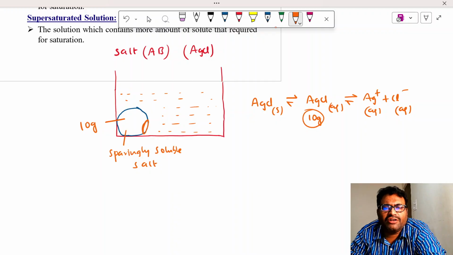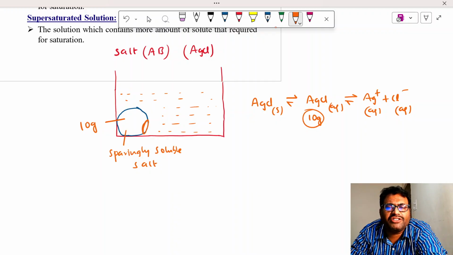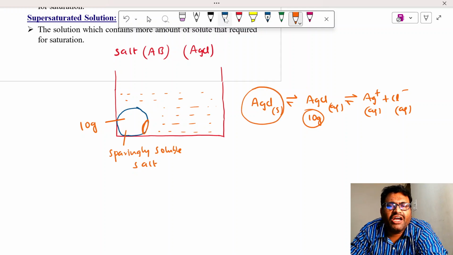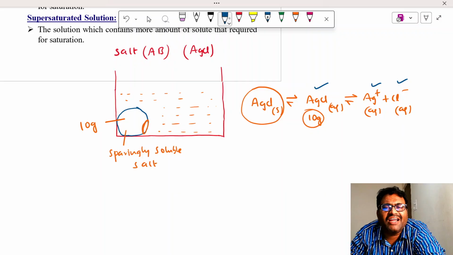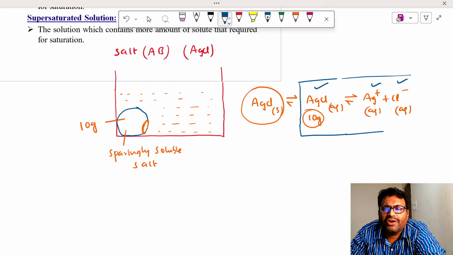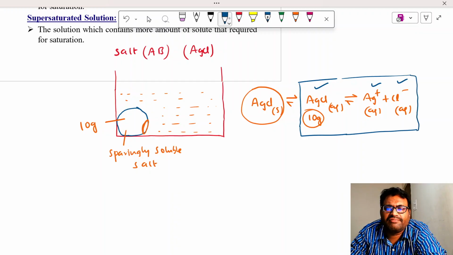So in the solution, we are not bothered about the complete solid taken. We are concerned with how much has dissolved, and that dissolved AgCl is in equilibrium with its ions. All the solid is not dissolved, only some of the solid is dissolved.